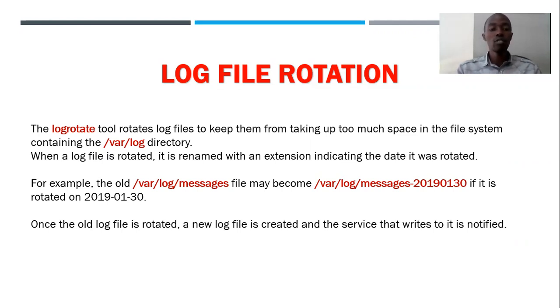When a log file is rotated, it is renamed with an extension indicating the date it was rotated. For example, the old /var/log/messages file may become /var/log/messages-20190130 if it is rotated on 2019-01-30.